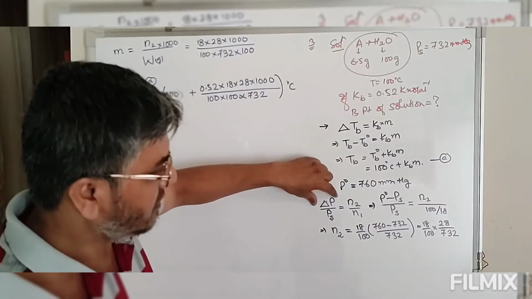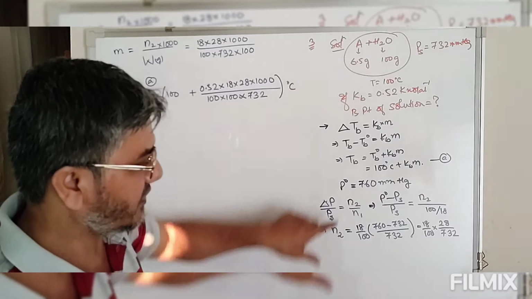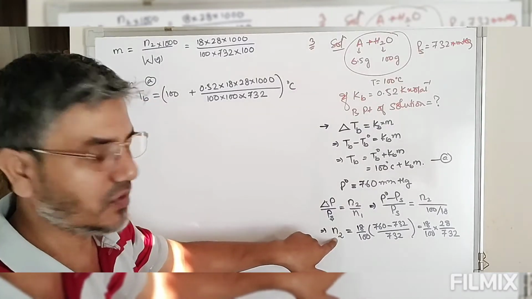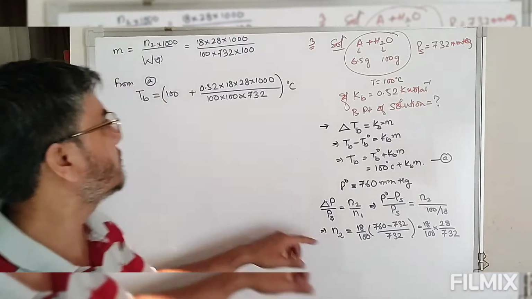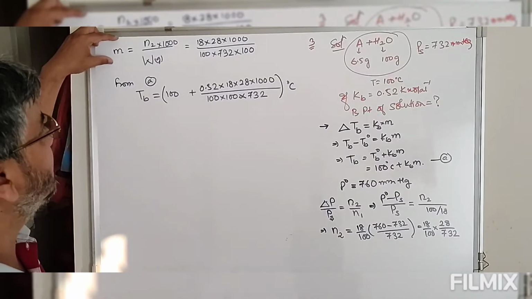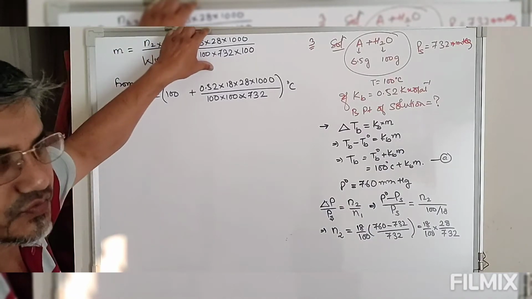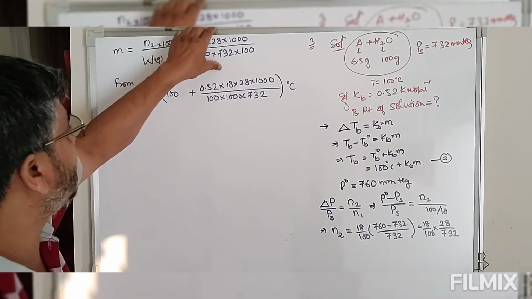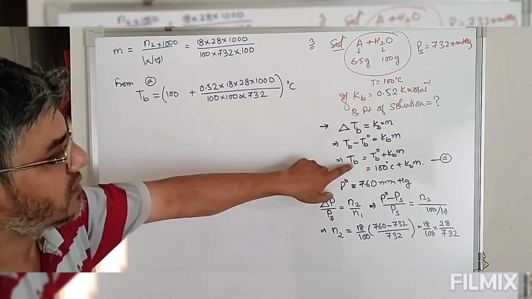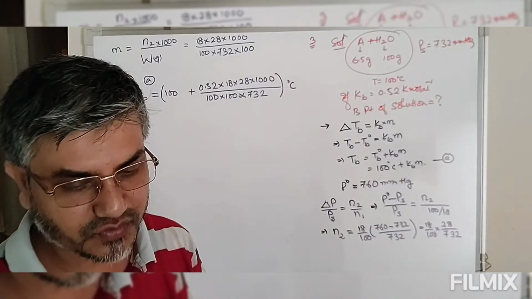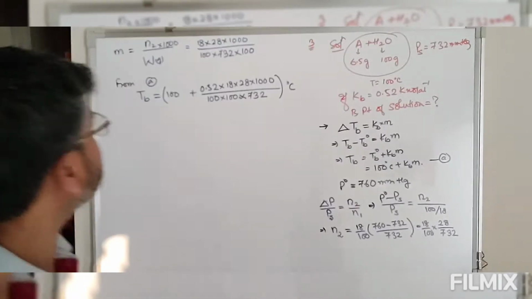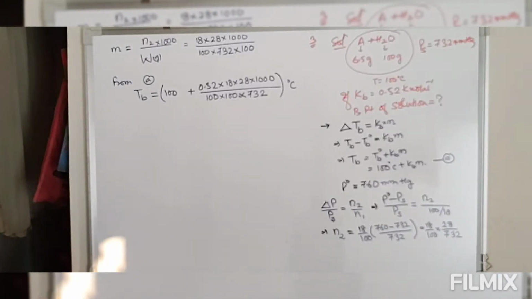From this relative lowering of vapor pressure, we have defined the number of moles of solute. Once the number of moles of solute is defined, we define the molality of the solution. From this molality, we define the boiling point of solution. Now on solving this, we will get the value of boiling point of solution.